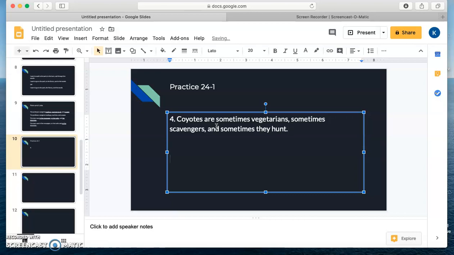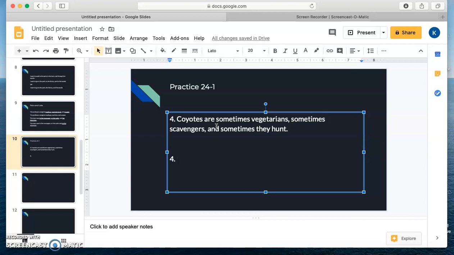Now, I want you to take a second, pause the video if you need to, and decide how we are going to make this sentence parallel. Alright, so again, I'm assuming that you've paused the video and you are ready to proceed and match up how you have made this sentence parallel.